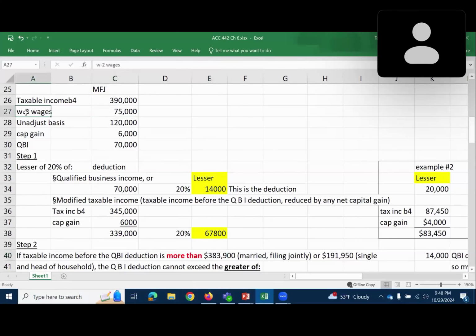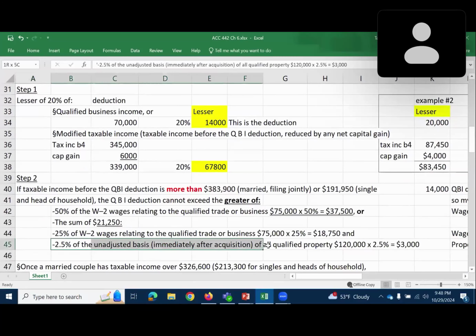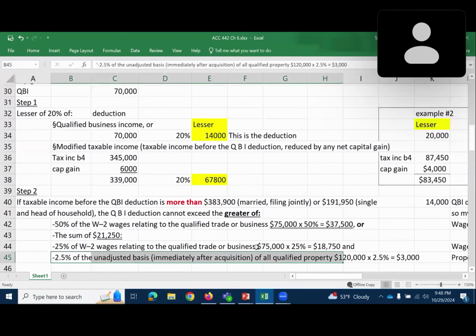My W-2 wages for my business were $75,000 from my qualified business. My unadjusted basis, which is the second part here, is the unadjusted basis of all qualified property.